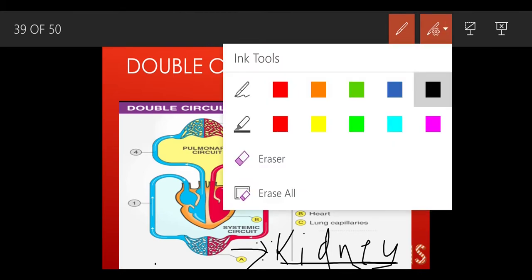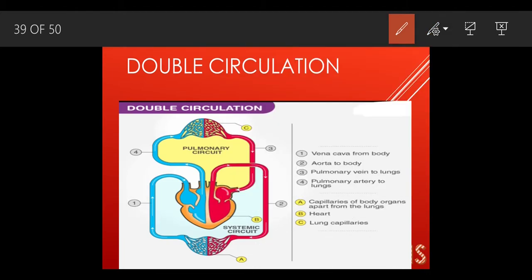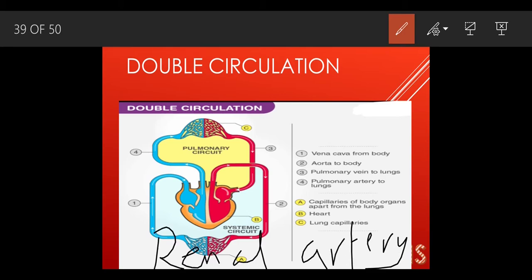Just as we have the pulmonary artery, we can have the renal artery if it is related to kidneys, because kidney means renal.